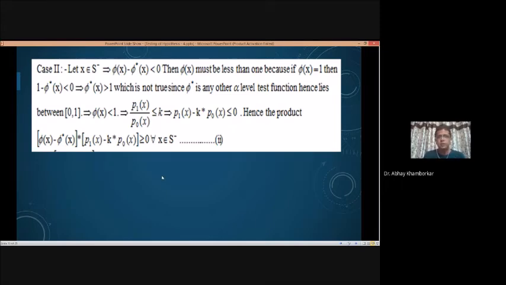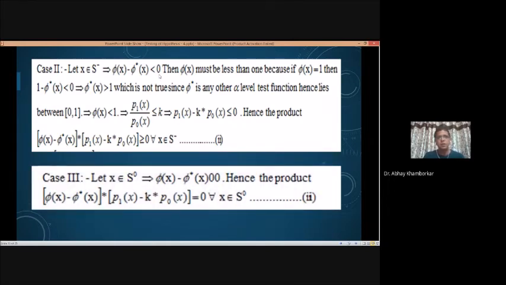Now one case that is remaining, that is nothing but this difference is equal to 0. We have seen greater than 0, less than 0, now equal to 0, where phi of x minus phi star of x equal to 0. Now that is very simple, because if that bracket is 0, naturally the product is going to be 0. Let x belongs to s naught.